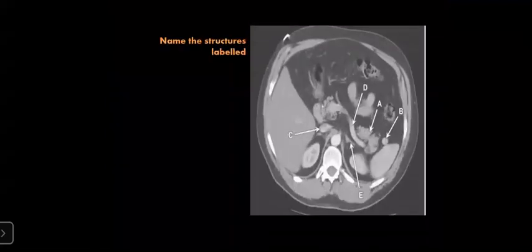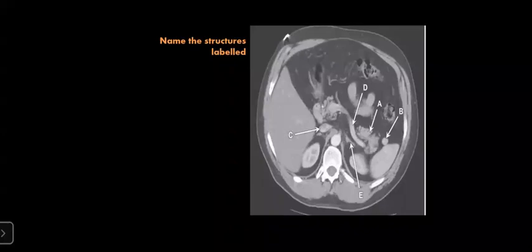Name the structure labeled. A: tail of the pancreas.